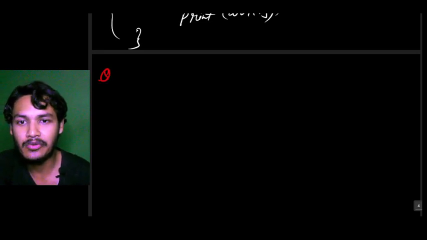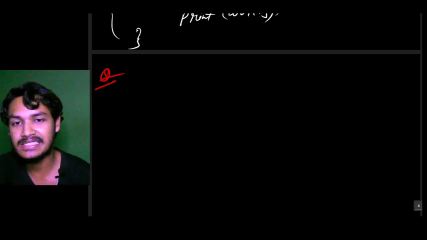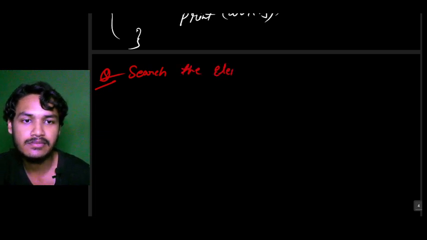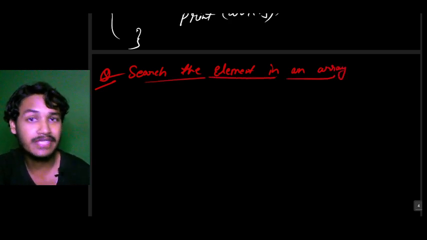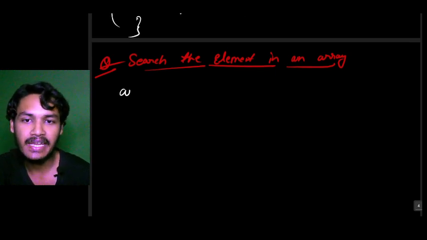Let me write down the question. So we have a question: search the element in an array. This is the question. So you have to search for the element inside the array. For example, let's say we have an array.